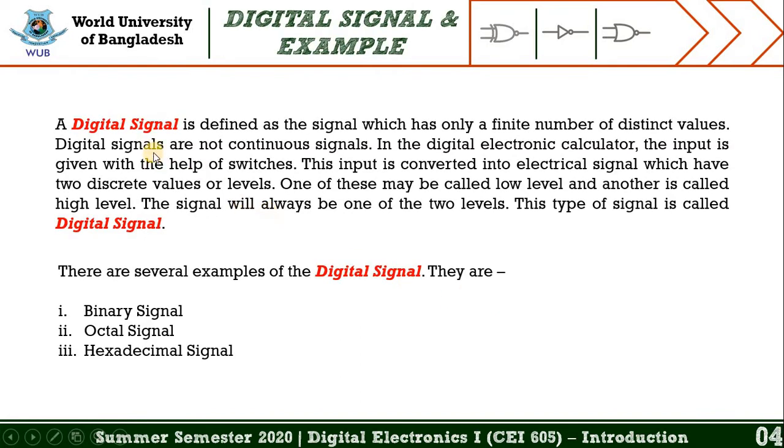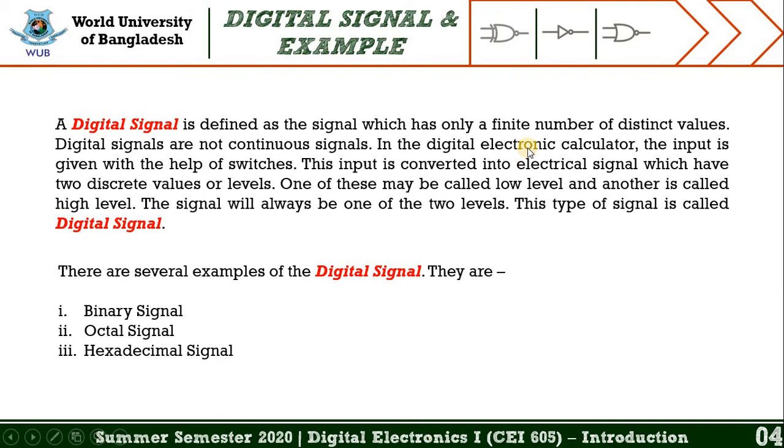From this slide, we came to know what a digital signal is as well as an example of this parameter. So let's begin with the digital signal's definition. A digital signal is defined as a signal which has only a finite number of distinct values. Digital signals are not continuous signals.